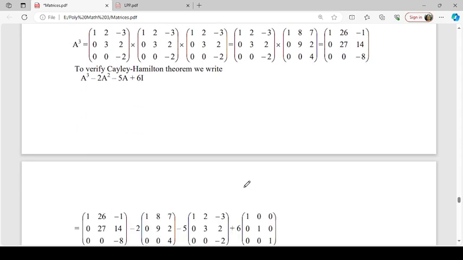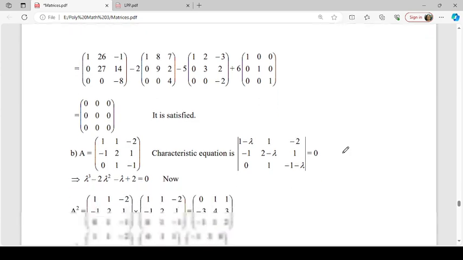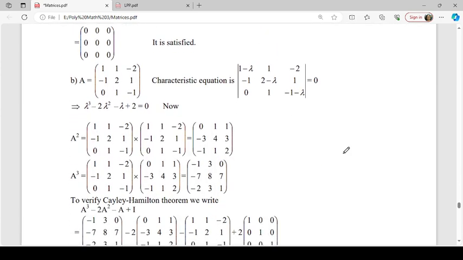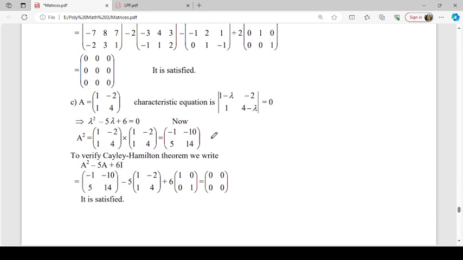So we simplify this and we get all 0. So it is satisfied. 0 means it is the 0 matrix. Similarly this one, then this is the characteristic equation.